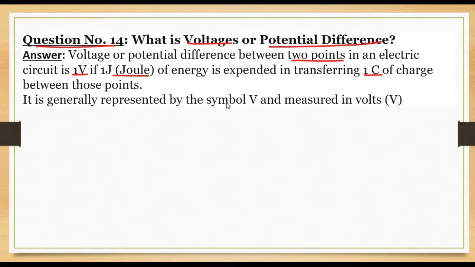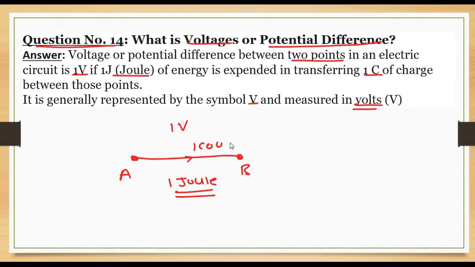It is generally represented by the symbol V and is measured in volts, which states that the potential difference between these 2 points A and B will be 1 volt if 1 joule of energy is required to transfer 1 coulomb of charge from point A to B.